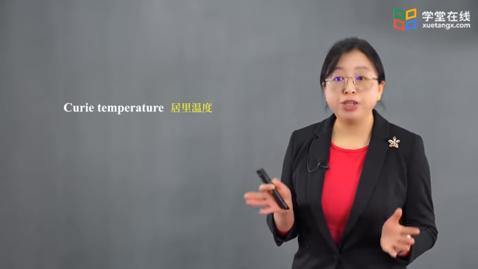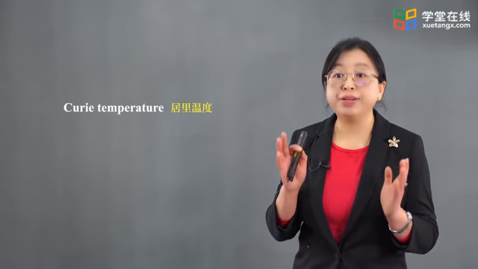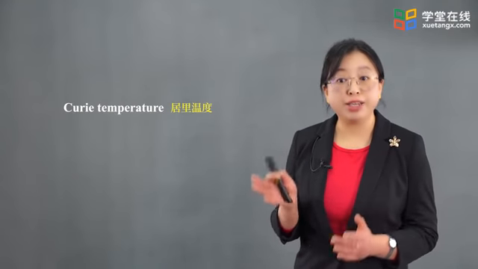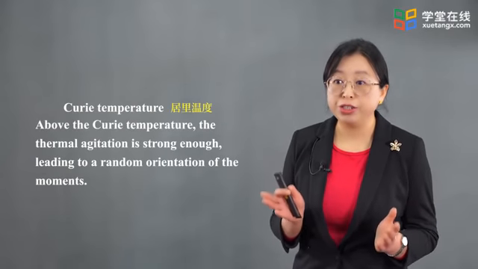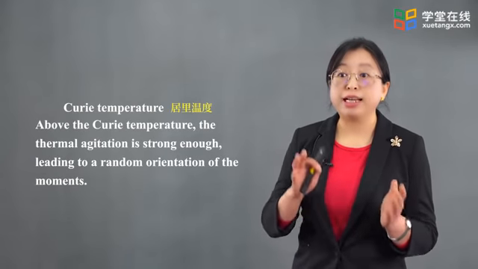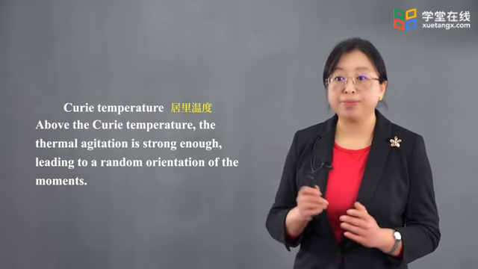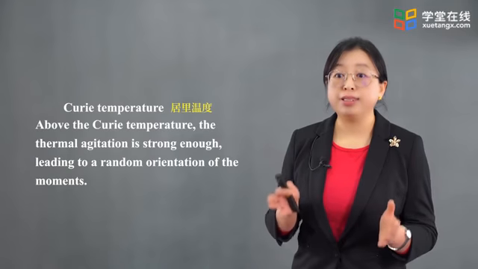However, when the temperature reaches or goes above a critical temperature called the Curie temperature, the ferromagnetic material will lose its residual magnetization. Above the Curie temperature, the thermal agitation is strong enough, leading to a random orientation of the moments. As a result, the ferromagnetic material becomes paramagnetic.